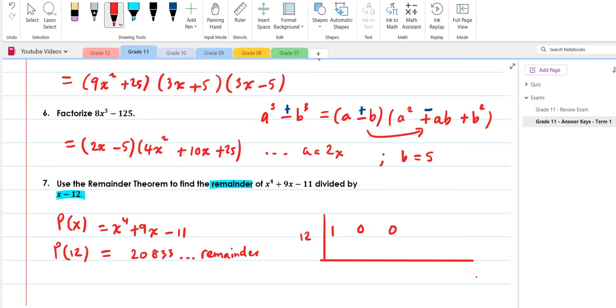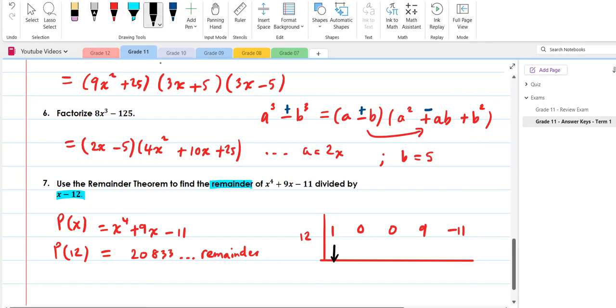Put it in polynomial order. Then we have 9, and then minus 11. A polynomial of degree 4 must have 5 terms in general, so that's the reason why we have a 0 there and a 0 there. Now, how do we do synthetic division?